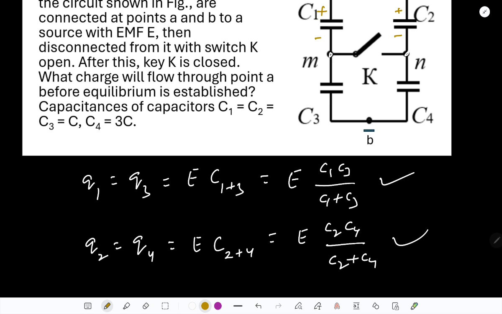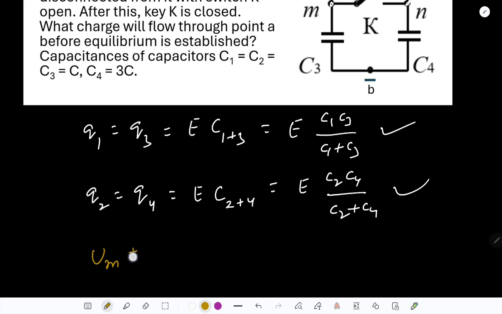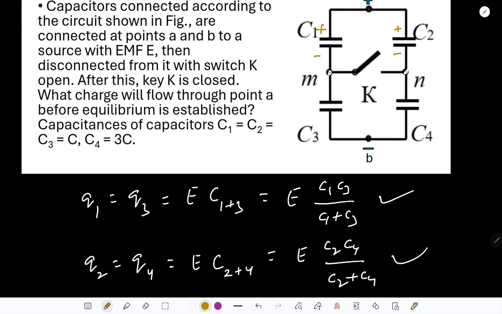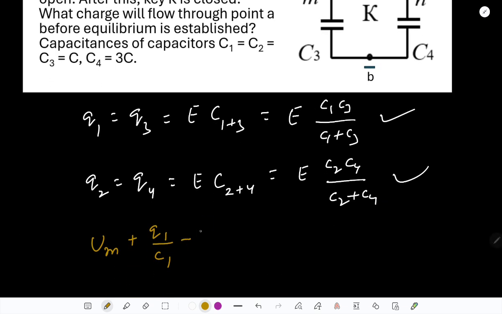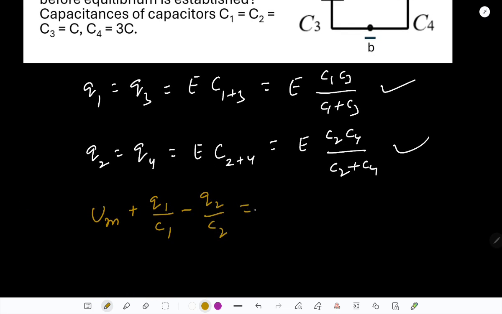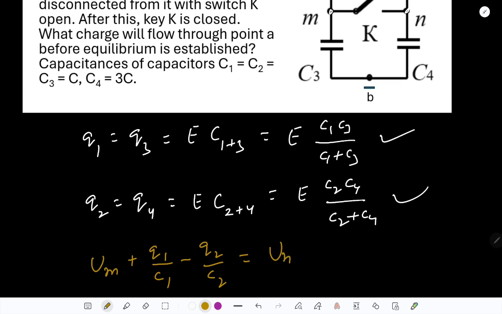That means I am gaining potential, and the gain is simply Q1 by C1, and then I reach capacitor C2, and in crossing the capacitor C2, I'm going from higher potential to lower potential. That means I'm losing potential by an amount of Q2 by C2. So I write minus Q2 by C2, and then I reach point N, and this is the potential at N.